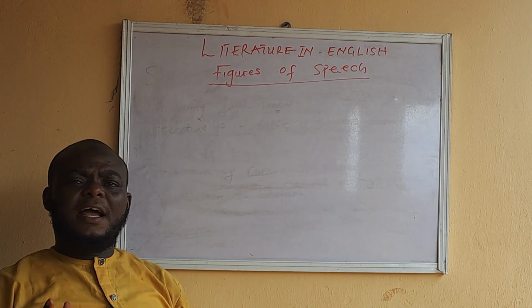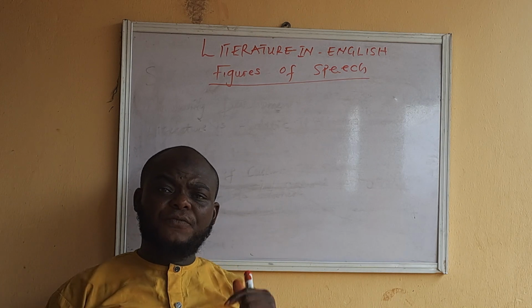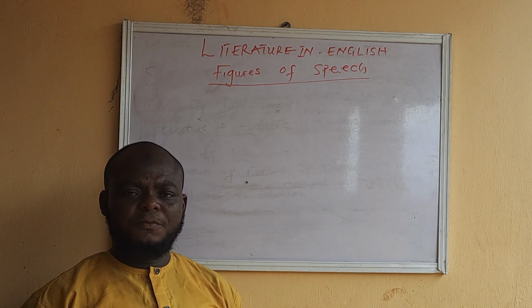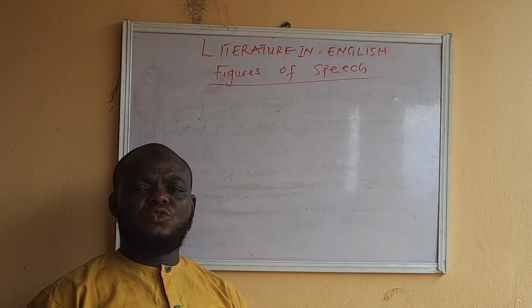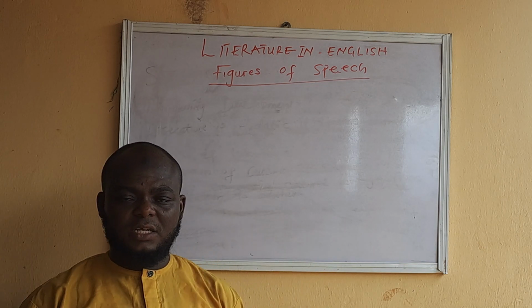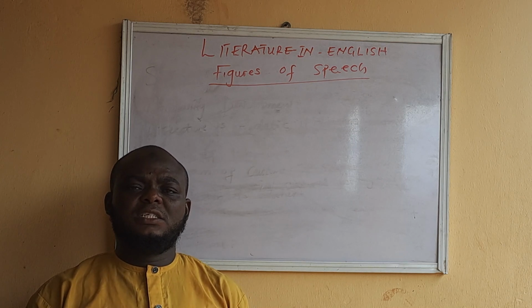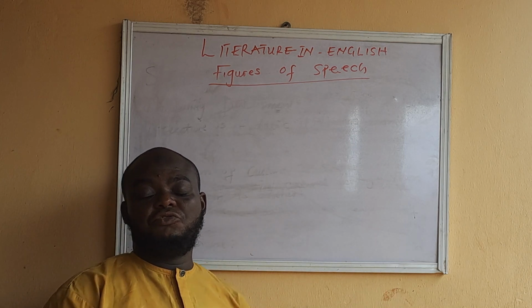As I've said earlier, we use these figures of speech to add aesthetic, to add depth, to our literary work. So let's take them one after the other and see the figures of speech we have in literature in English.